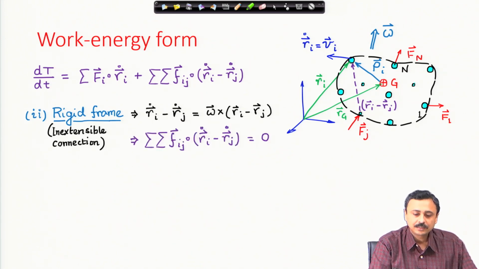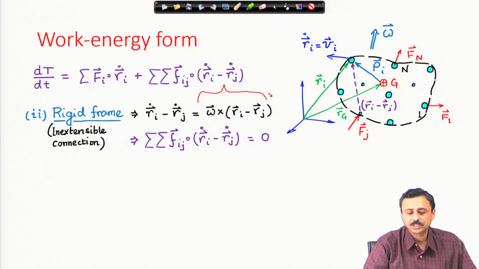Therefore, because of the rigid connectivity, r_i dot minus r_j dot is omega cross (r_i minus r_j).